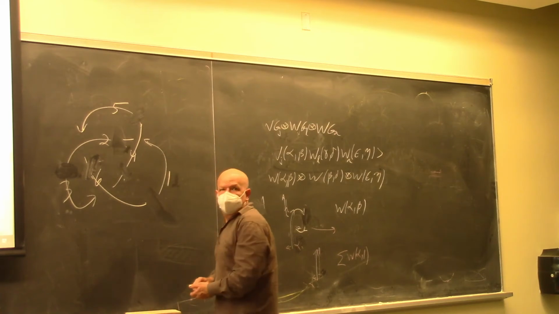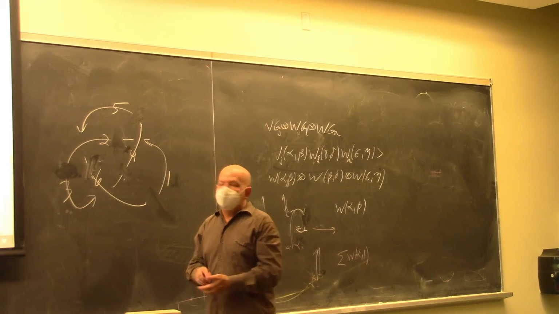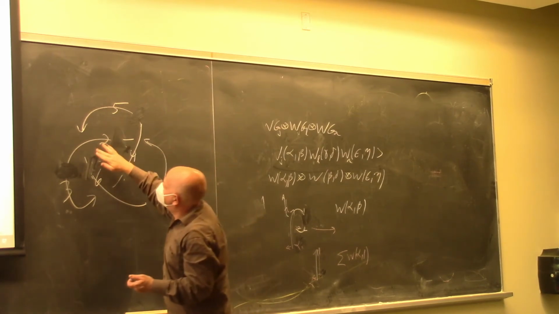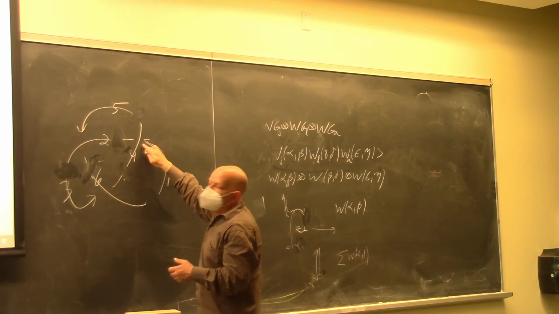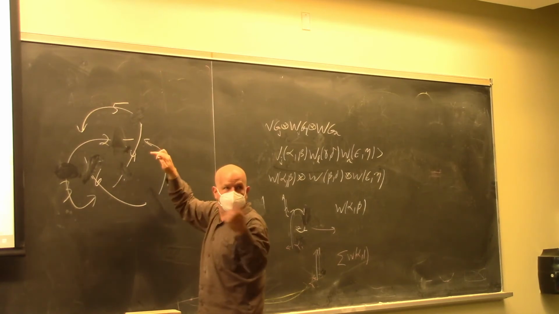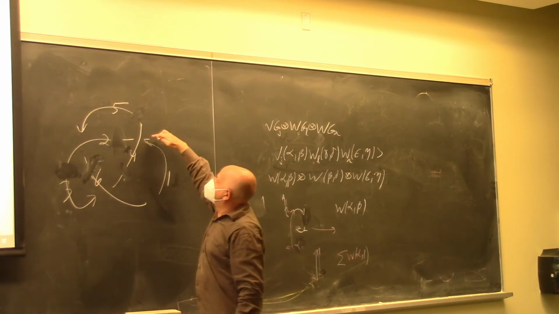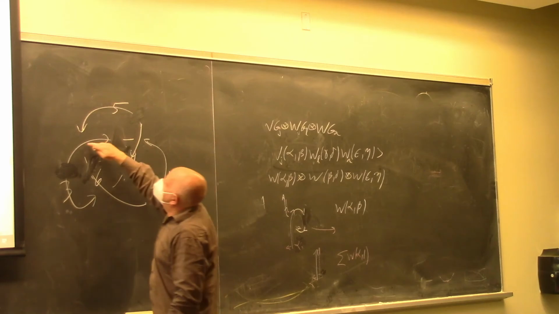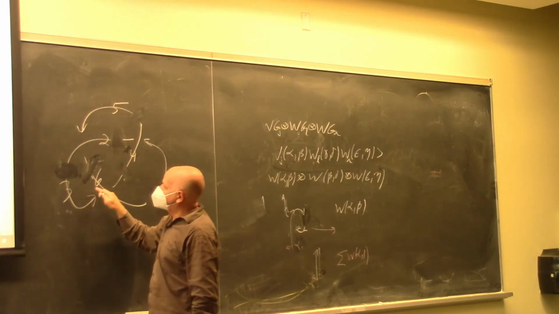Now I put a cut ahead of each label. So now I have 3 crossings, each of which is labeled with 2 labels. It used to be 4, but I separated 1 label away. So this crossing is labeled 1 and 4. This crossing is labeled 2 and 5. And this crossing is labeled 6 and 3.